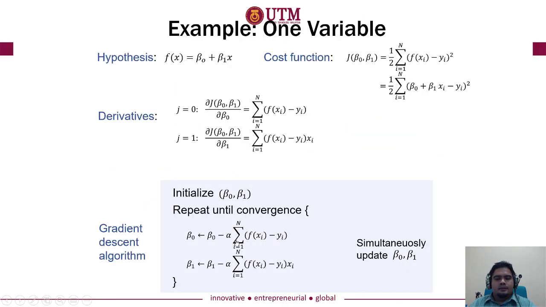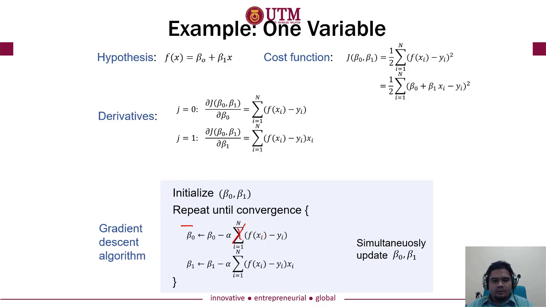So again, for stochastic gradient descent, you don't have this summation. You just measure this one, and there's no i here anymore.